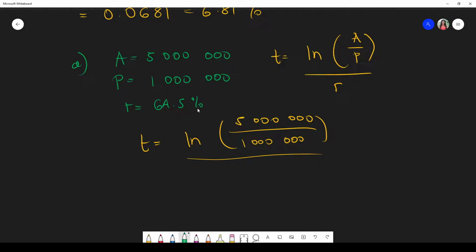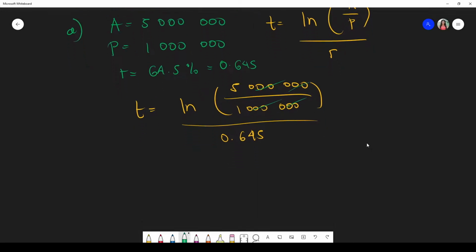So 64.5% here would become 0.645. And that's our denominator. Again, when we plug it in our calculators, these trailing zeros we could cancel out. So essentially, our numerator would be the natural logarithm of 5 divided by 0.645.